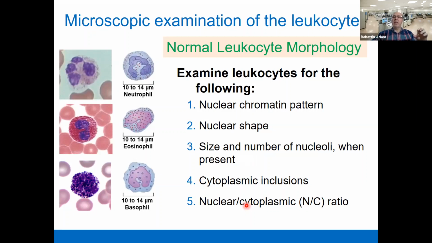These are the features of the leukocytes we have to consider, whether they are in the normal range or not, in order to diagnose or to get a differential diagnosis for some diseases.